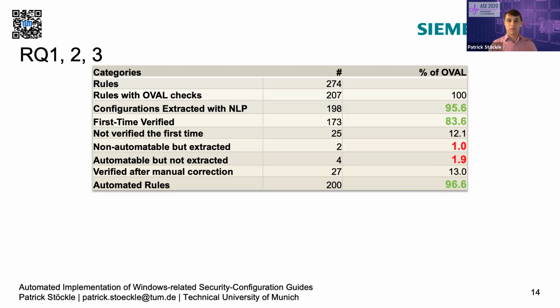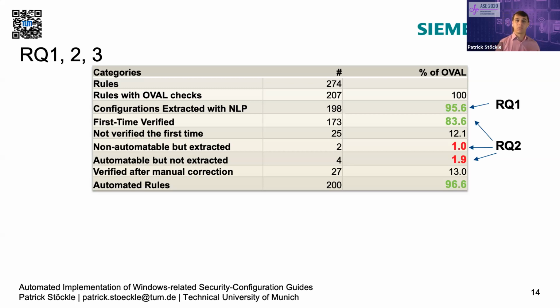So we consider these 207 as our 100%, and in the first step, for 95%, we can extract configuration values with our 11 rules I told you about before. So for 95%, we can extract information. And for the second research question, first time verified are 83%.